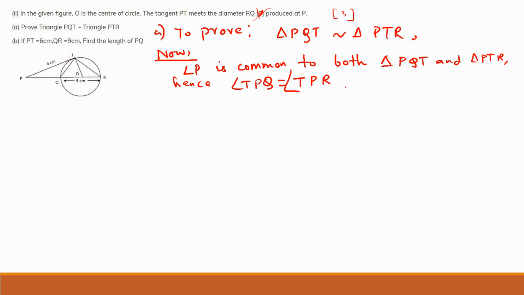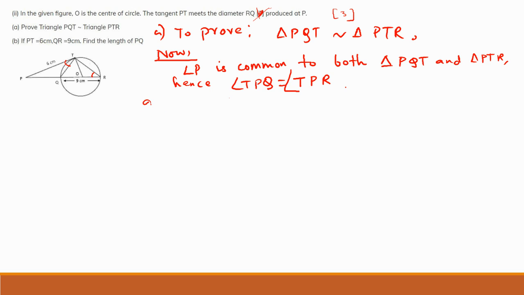Now you see this angle. This angle should be equal to this angle, right? Alternate angles, right? So these two are equal. They are like angles in alternate segment.